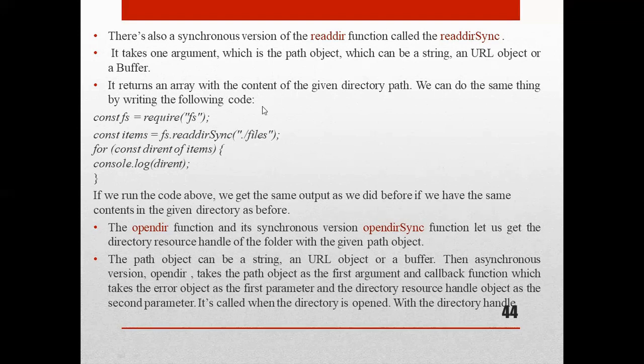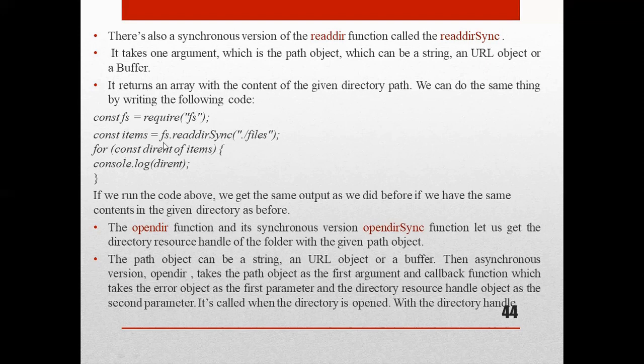So we can do the same thing by writing the following code here. You can see the code where we are going to use the synchronous version of read directory. Here first we write const fs, that is the file system object, equals require fs to import the file system. Then after that const items, one variable, equals fs.readdirSync, the synchronous version.